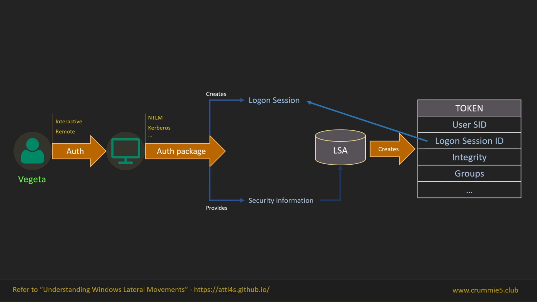This is your groups, your privileges, your identifier, etc. The authentication package will provide all this information to the local security authority, LSA. And LSA will create, with all this information, an access token for you. And you can see there is the user security identifier, the logon session ID, the integrity, your groups, etc.